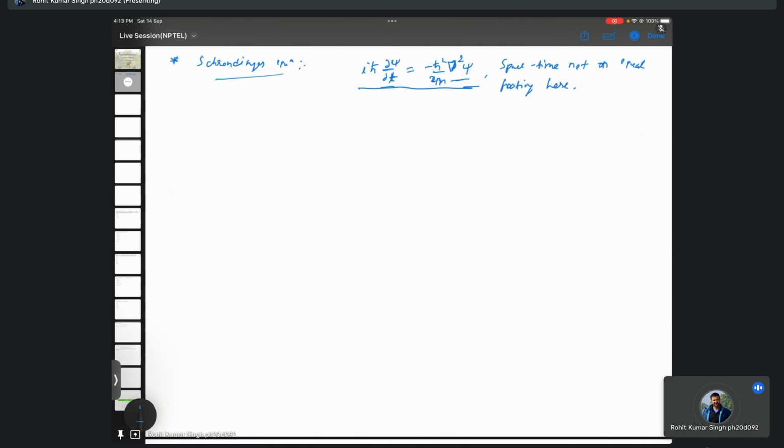Since this equation has different orders of space and time derivatives, it cannot be covariant in different Lorentz frames.